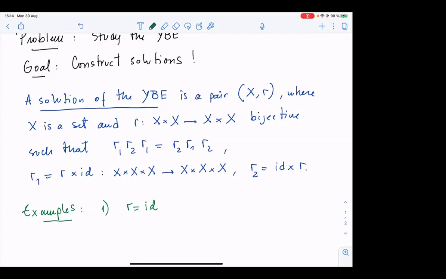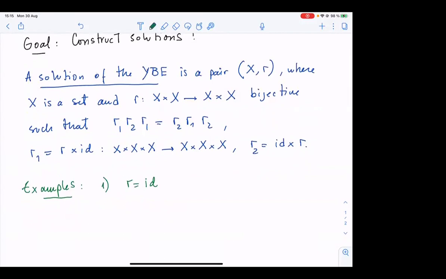But a very good approximation to answer this would be to try to use group actions. And if you want to use group actions, you want to have some bijective maps as part of your map R. So that's why this will not be a nice solution. You will understand this maybe later.